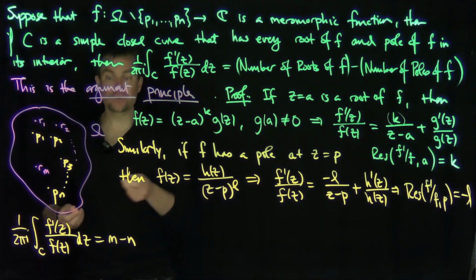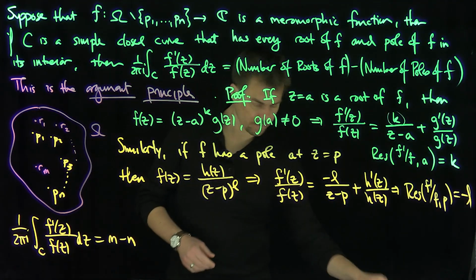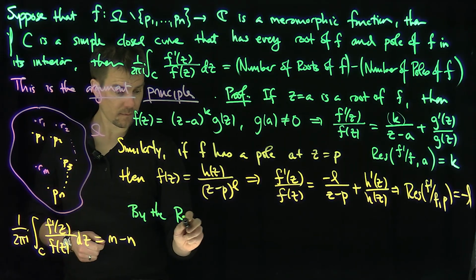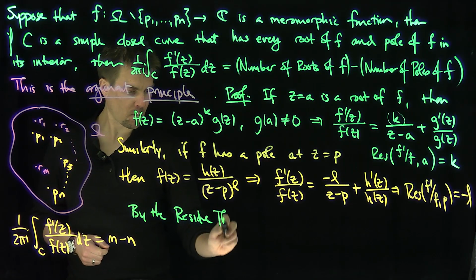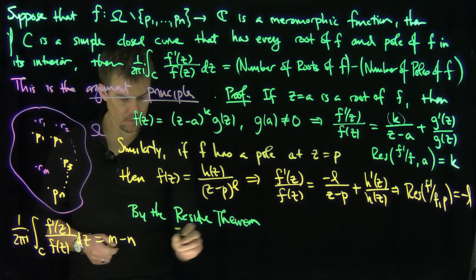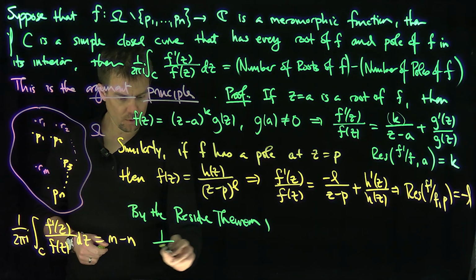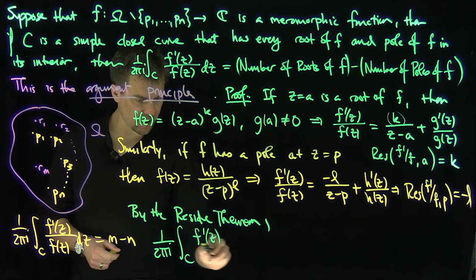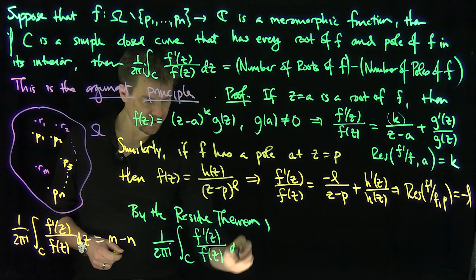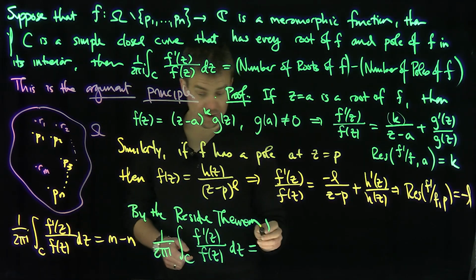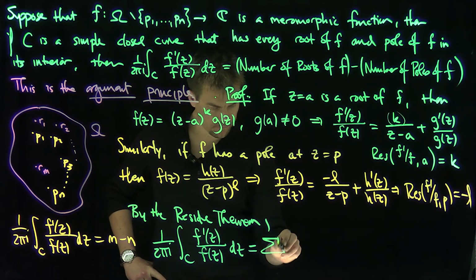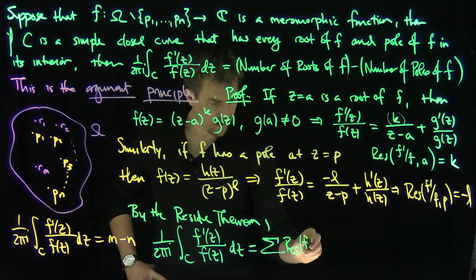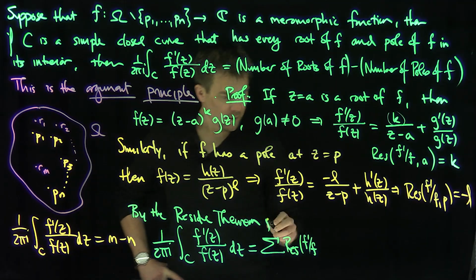Good. And so now I can just use the residue theorem, right? So by the residue theorem, 1 over 2 pi i, the integral over C of f prime of z over f of z dz is equal to just the sum of the residues, I have the 2 pi i over here, the sum over all the residues of f prime over f.